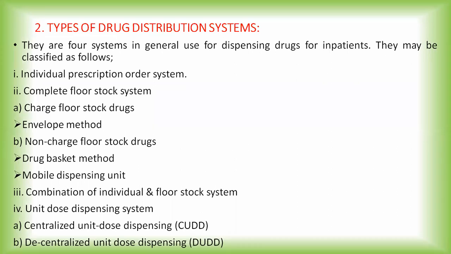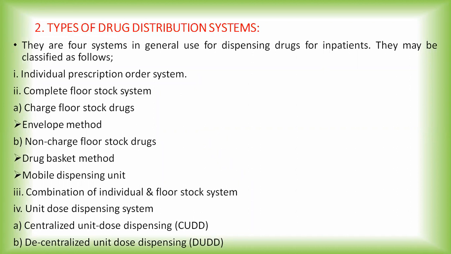Mainly there are four types. First, the individual prescription order system. When we say individual, what does it mean? Whatever the prescription is, the individual or the individual's relatives will take that prescription, take those drugs, purchase them and pay for them.